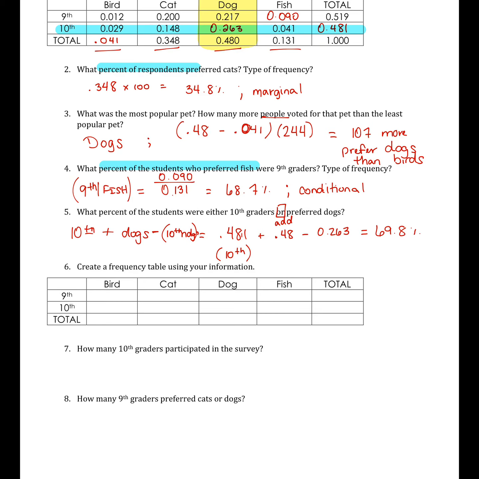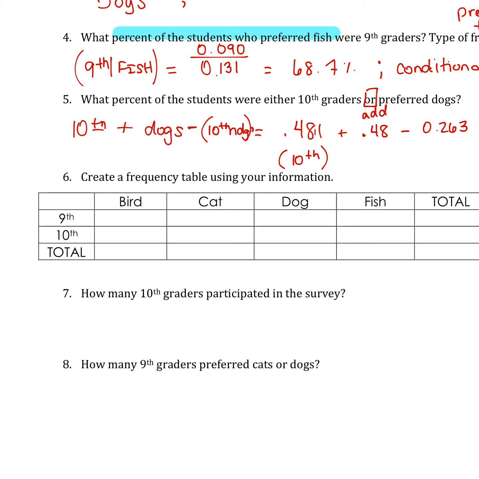So there's no way. Now, if I want to go backwards from my relative frequency table, I'm going to take my decimals that I had: 012, 029, 200, 148, 217, 263, 090 and 041.